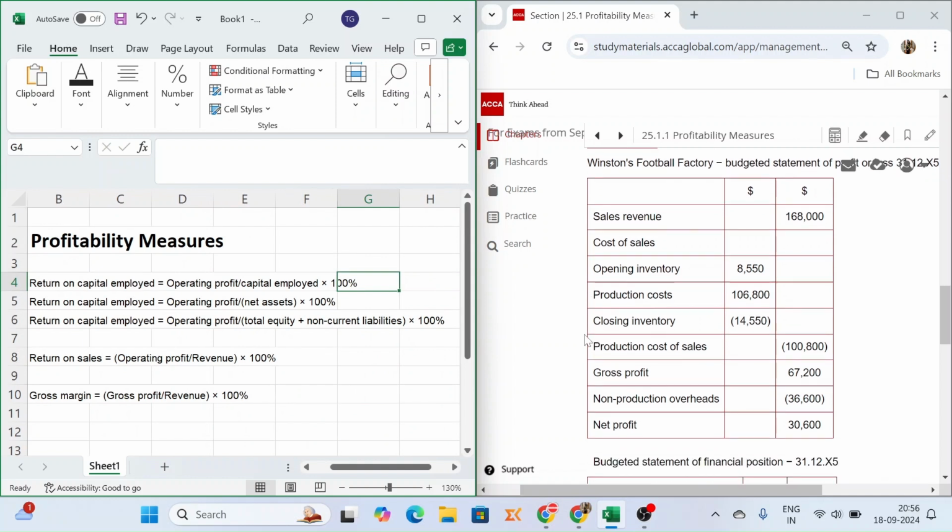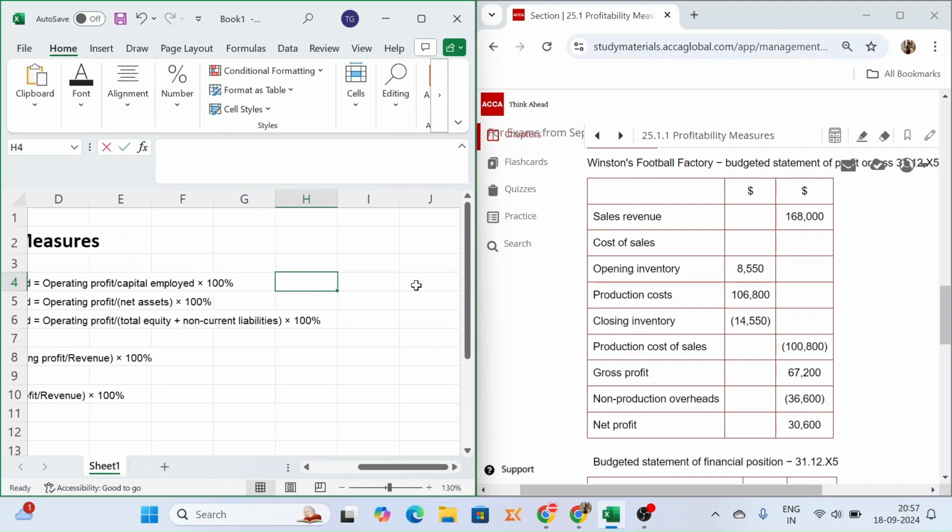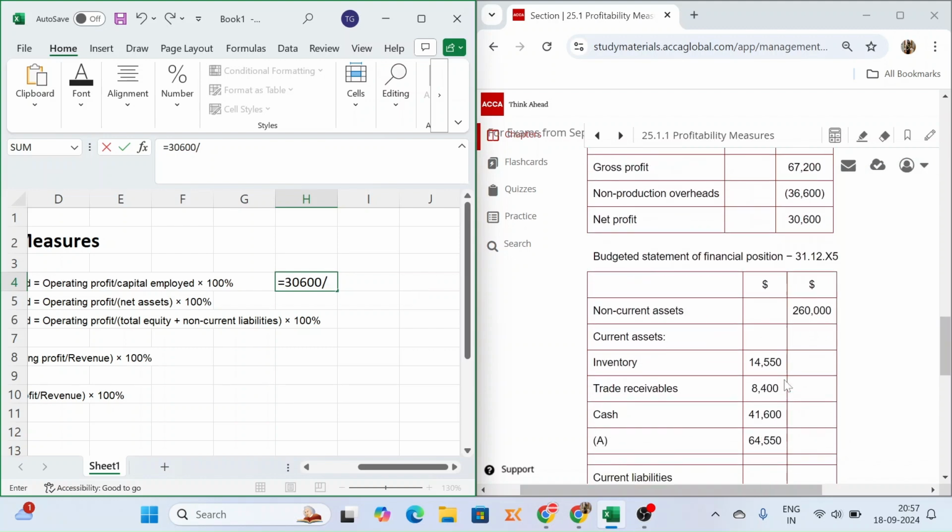We want the operating profit as a part of our numerator. So we take the net profit over here, because this is the profit which we can see without any interest and taxes. Every expense has been subtracted, but no interest and no tax has been subtracted. So 30,600 is my numerator. Now I have to divide this by the capital employed. Now how do you find out the capital employed?